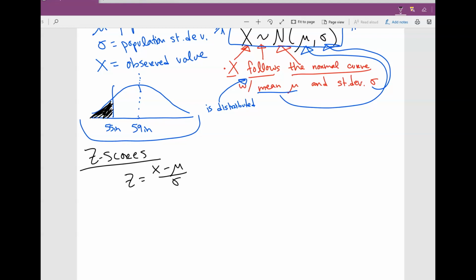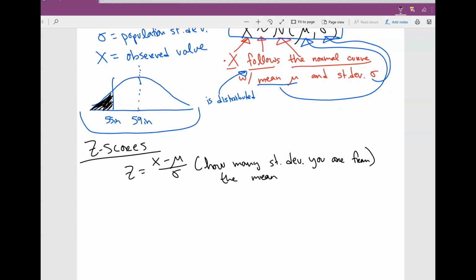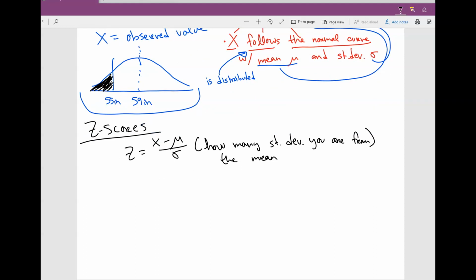Remember that z-scores were how many standard deviations you are from the mean. So z-scores were just how many standard deviations you are away from the mean.